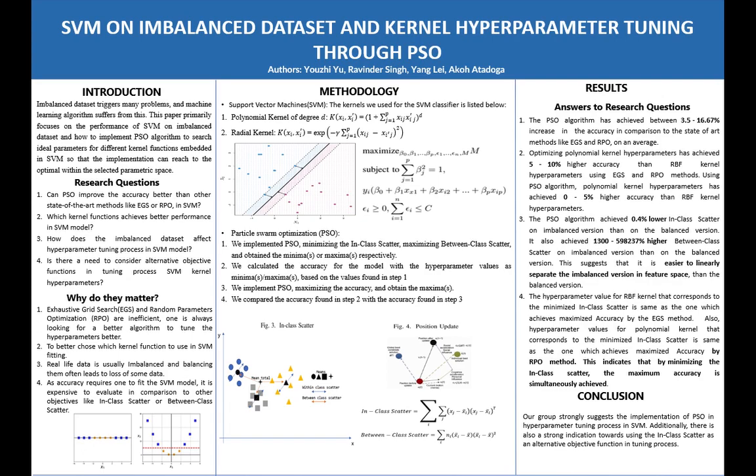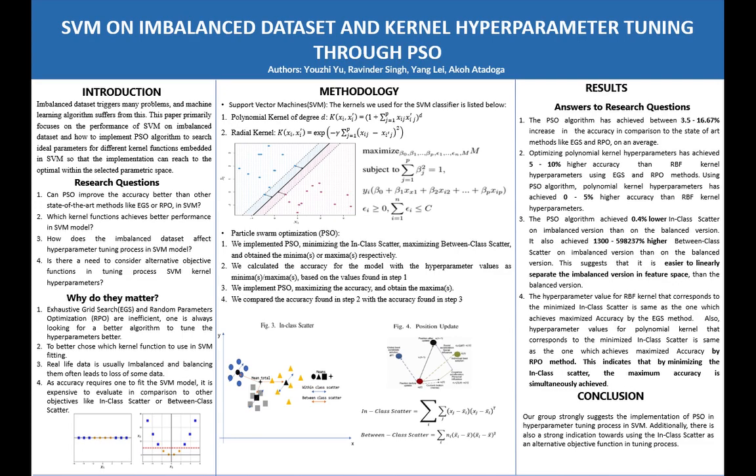How does the imbalanced dataset affect the hyperparameter tuning process in the SVM model? This is the third question, and it's turned to Youzhi. For question 3, the PSO algorithm achieved 0.4% lower in-class scatter on the imbalanced version than on the balanced version.